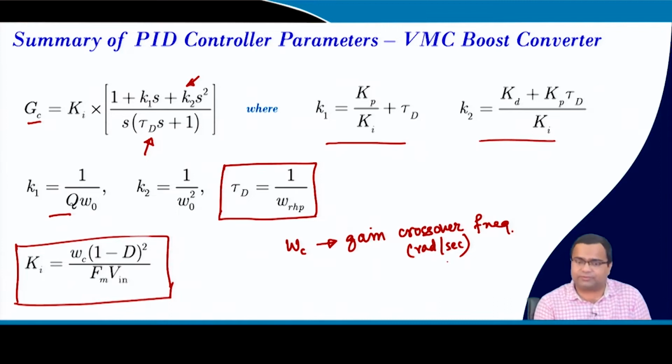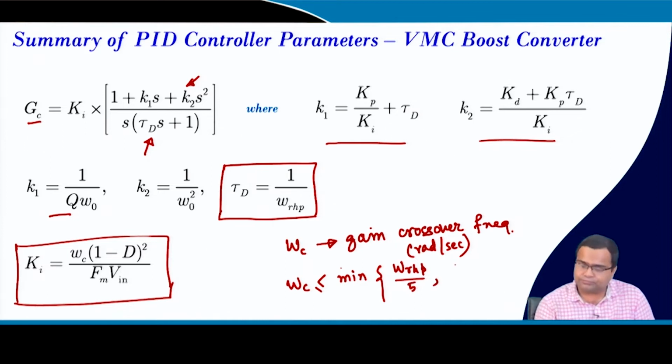So, this gain crossover frequency we found for a voltage mode control should be less than or equal to the minimum of RHP zero by 5, comma, switching frequency by 10, all in radian per second. So, it should be the maximum that we have discussed.